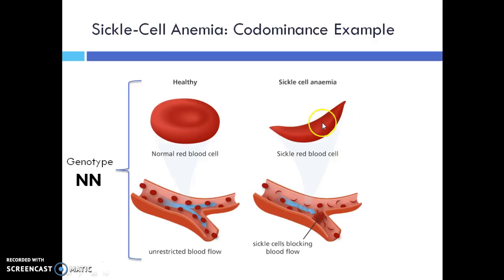But some people have sickle cell anemia, where their blood cells are this shape. And this is a problem because they don't carry oxygen quite as well, and they can get jammed up in the small capillaries in your bloodstream, and they can cause blood clots. People with sickle cell anemia have this genotype, big S, big S, and so they have this sickle cell trait.